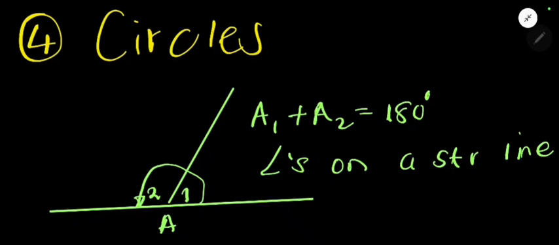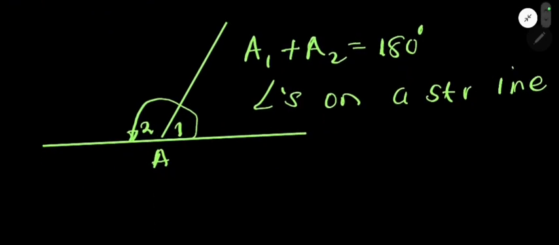And what else? Let's say that we have angles around a point. Here's your point. You have a line going this side, you have another line going this side, and another line there. Let me call them A, B, and C. What can you conclude about this?